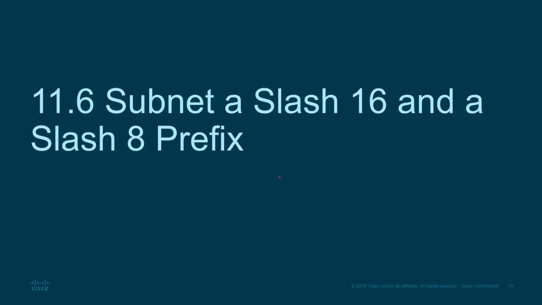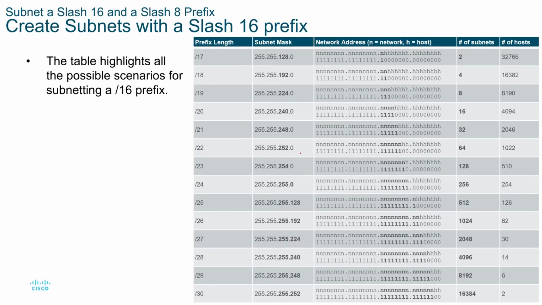Now this is subnetting with a /16 and a /8 prefix. Here, with the /16 prefix, we are using the 3rd octet for our subnet.